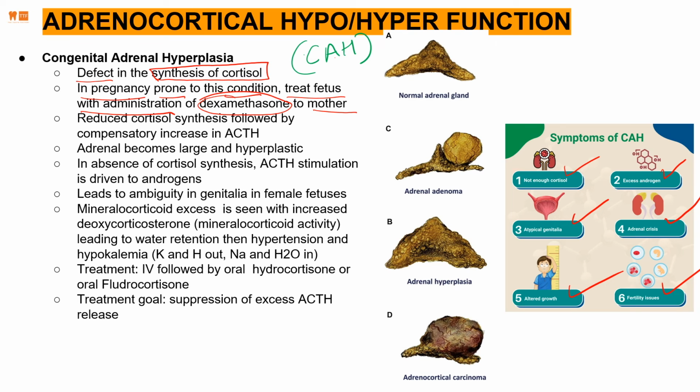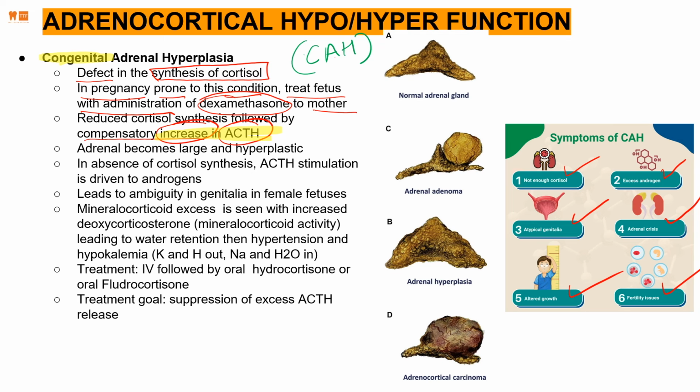Then there is reduced cortisol synthesis, followed by a compensatory increase in ACTH. If you think about it, if the cortisol is less, what is the brain going to think? The brain's going to think, we need to produce more cortisol. But the brain doesn't realize just yet that this is a congenital issue. It's looking at it as a hormonal issue. So it's going to increase ACTH. But during the ACTH increase, there's no cortisol production.